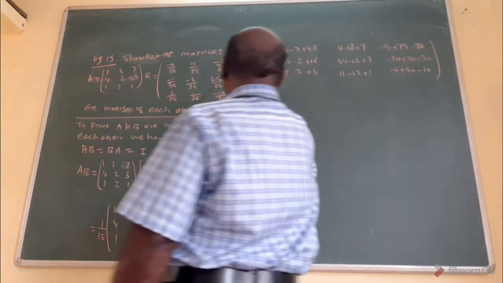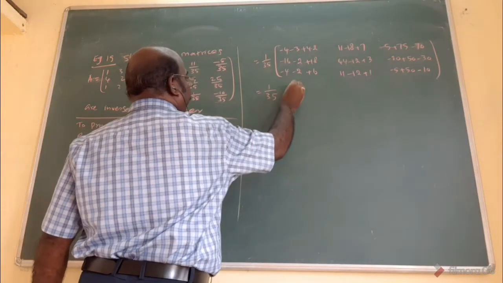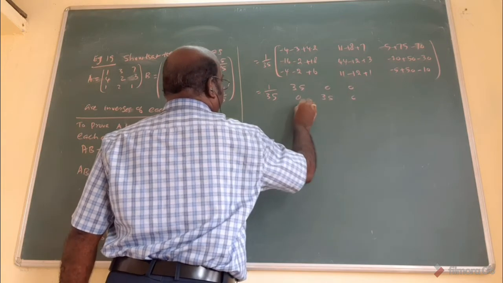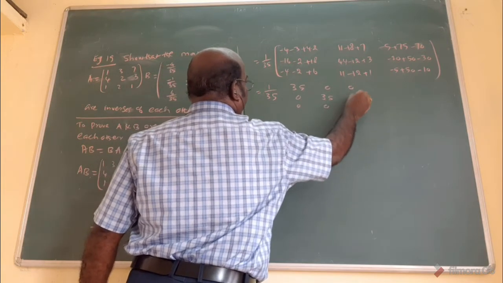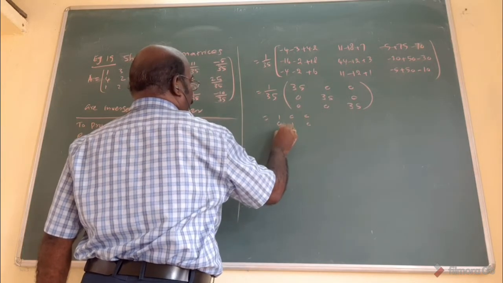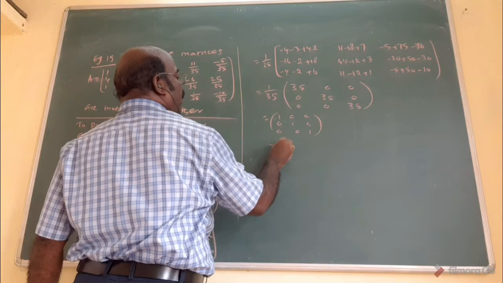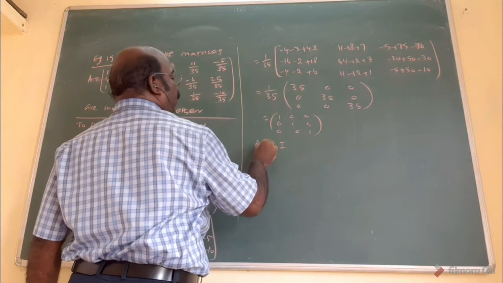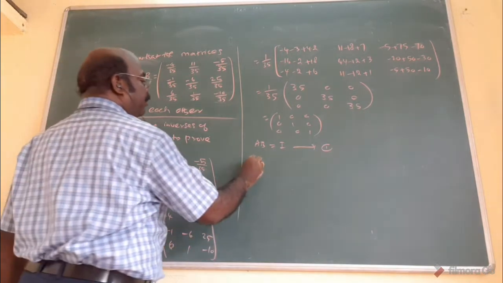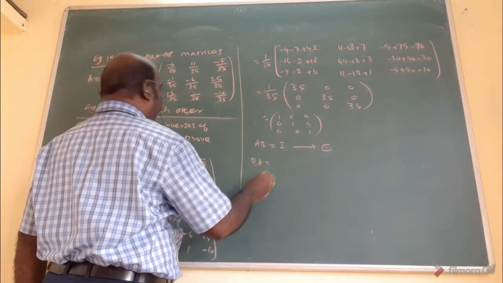Now simplify. 1 by 35, get 35 0, 0, 0, 35 0, 0, 0, 35. Divide: 1 0 0, 0 1 0, 0 0 1. That is what, I. A, B put I. This is the first answer. Similarly, B with A. B is what?